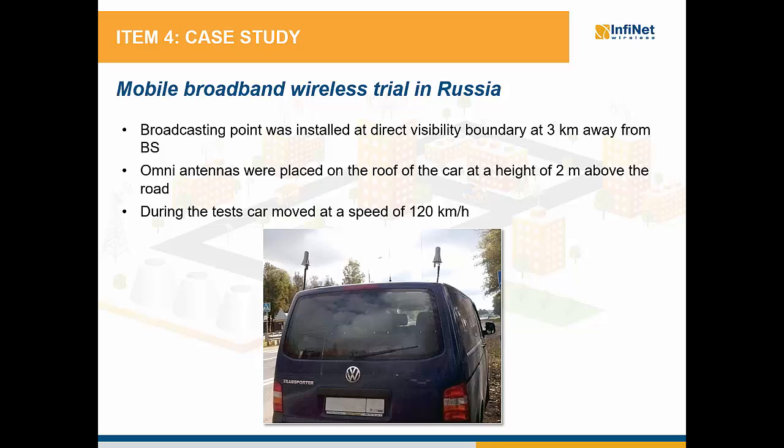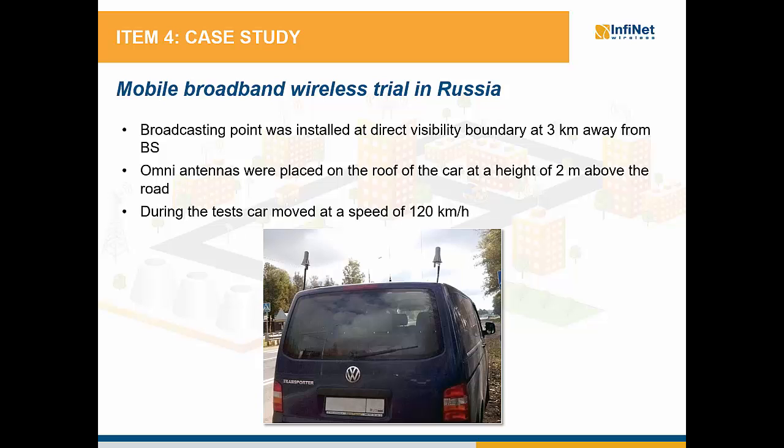So we had to use an intermediate point, which can take the traffic from the moving car. The intermediate point is installed 3 kilometers away from the base station, where the signal decreases to 4 dB. This is the SNR threshold that was encountered in the case of the handover between the base station and the intermediate station.